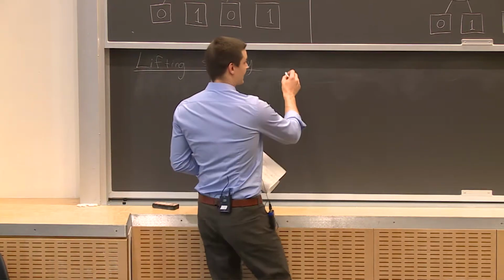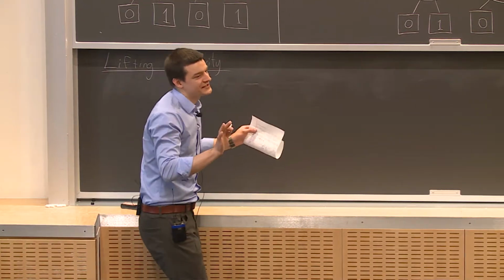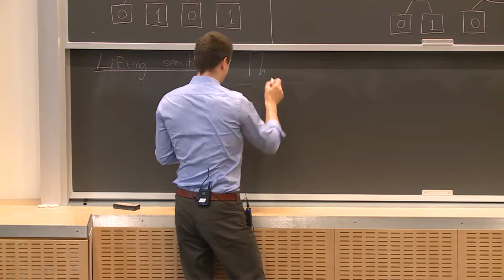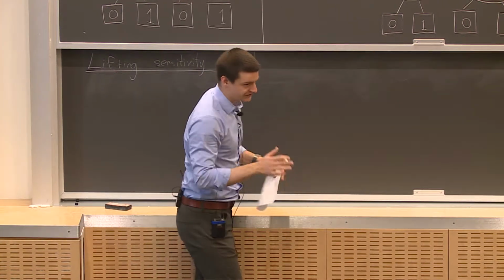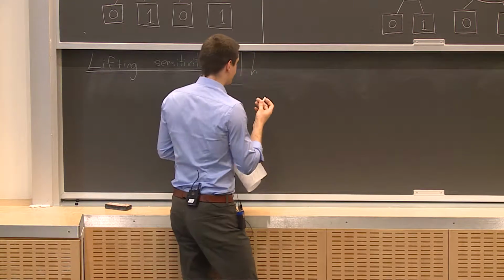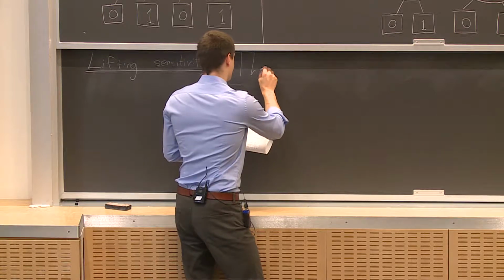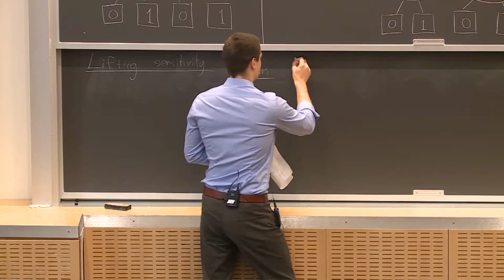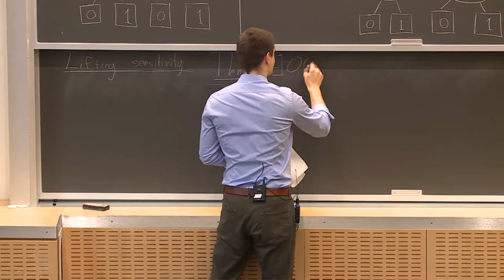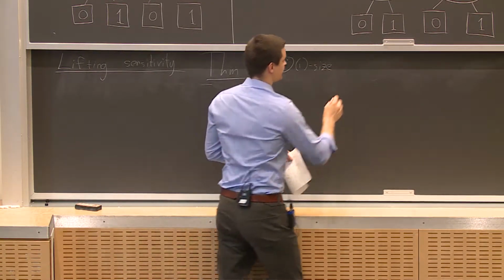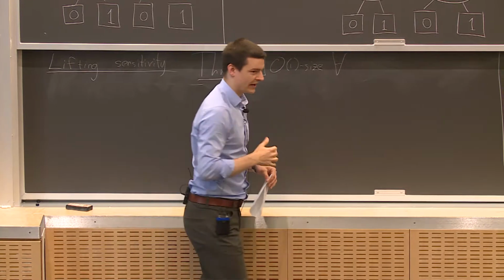So I claim we're going to prove a restricted sort of lifting theorem. I should credit this to maybe Zhang and Shi from 2009. So I claim there's a constant size gadget such that for every f, and now I have to make a concession.